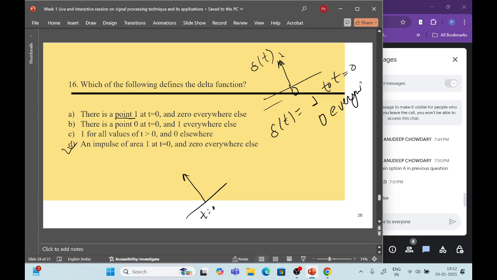It is not a point 1. For the delta function, it is an impulse function of area 1 at t is equal to 0, not a point 1. So just remember, it is always an impulse of area 1 at t equal to 0.